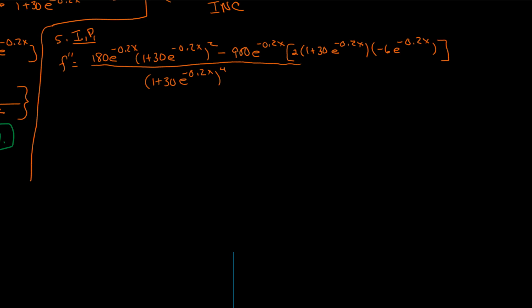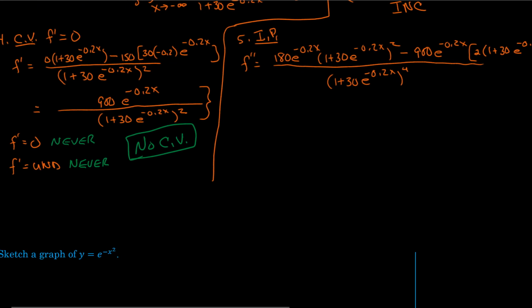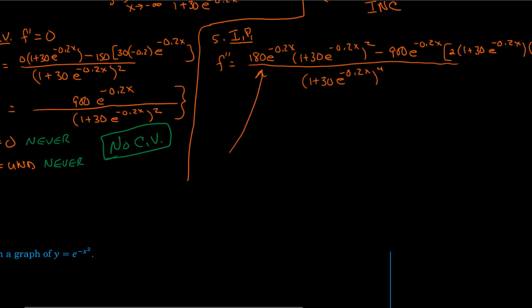Okay, now I'm just looking over this to make sure I haven't made any negative sign mistakes. Sure don't want that happening. If I look at this first part, where I take the 900 times the negative 0.2, that should be a negative 180 e to the negative 0.2x.